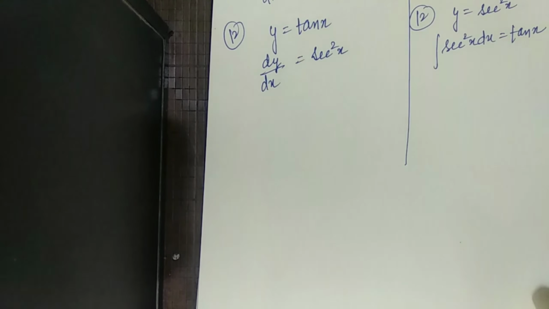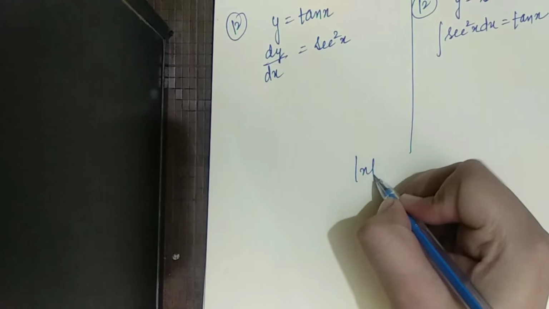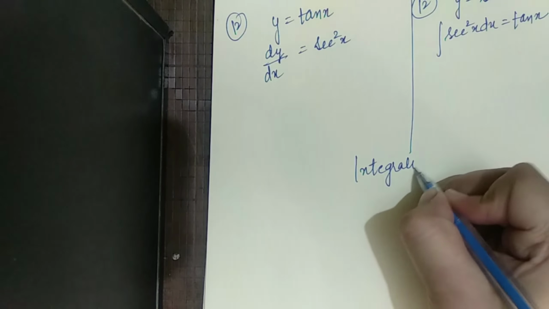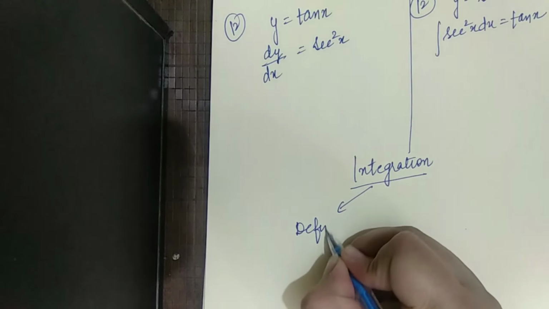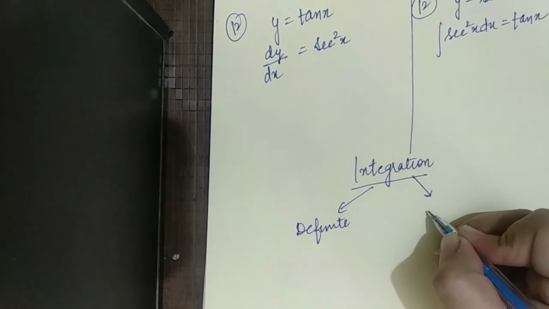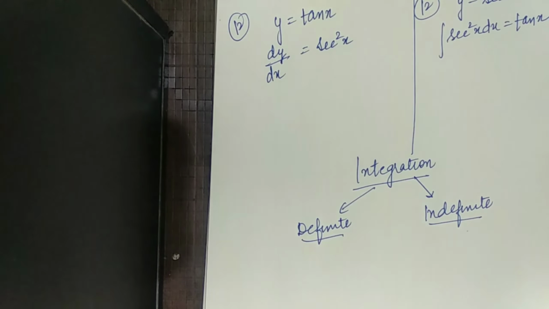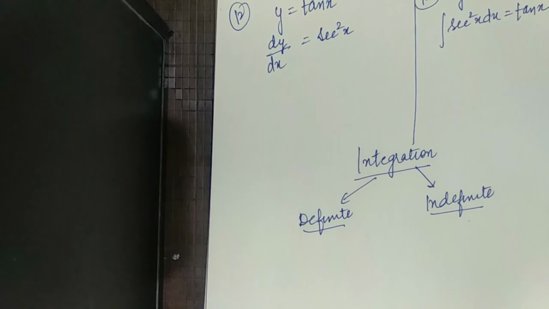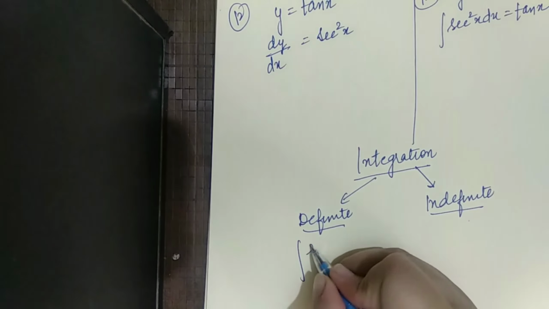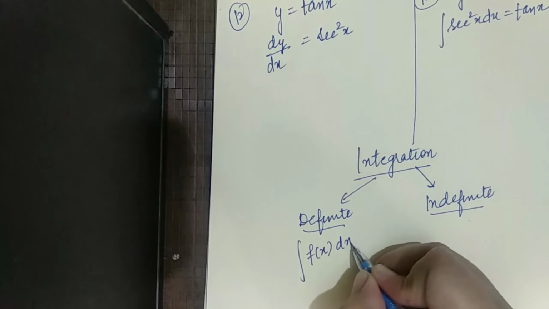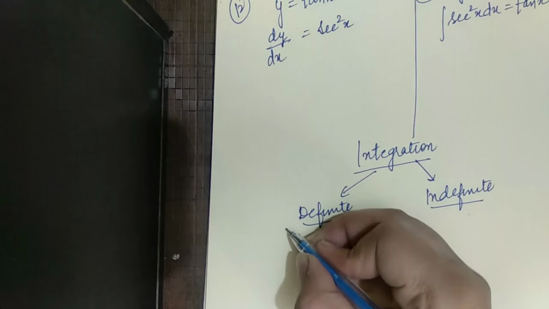So now we'll discuss how many types of integration there are. Integration is generally of two types. The first one is the definite integral and the second one is the indefinite integral. So what does this mean? A definite integral means when a function, for example f of x, is defined between exact values, like from a to b.